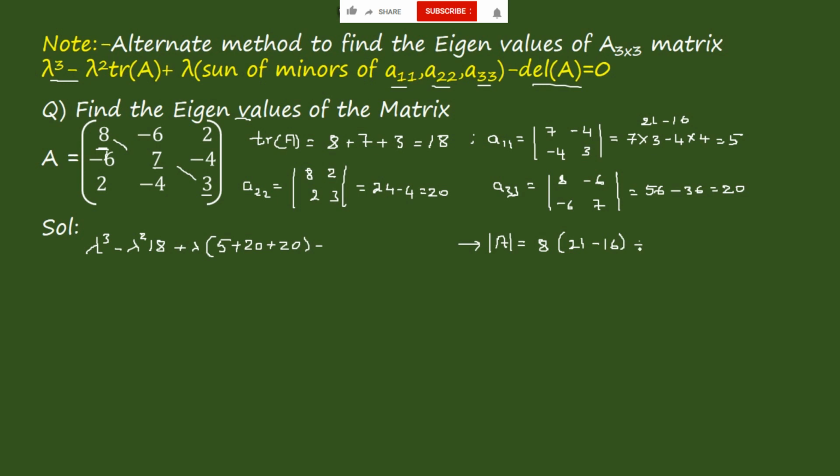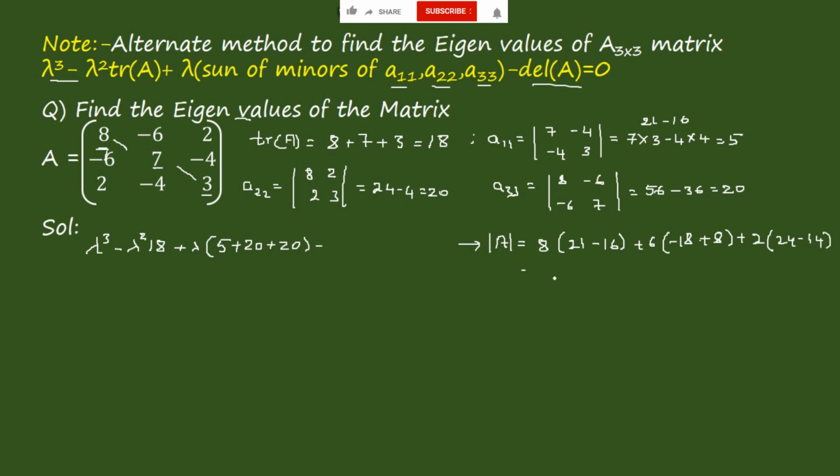Minus minus gets cancelled and becomes plus 6 into 6 3s are 18, becomes minus 18, and here plus 2 times 6 4s are 24 minus 7 2s are 14.